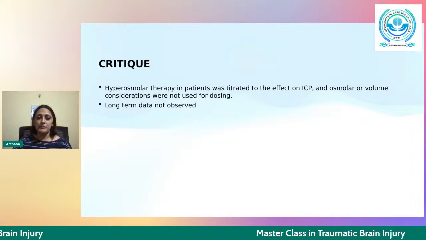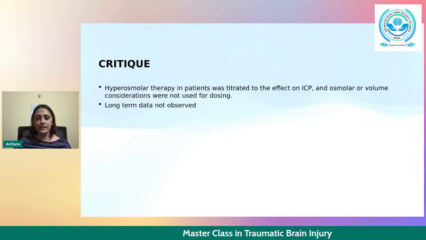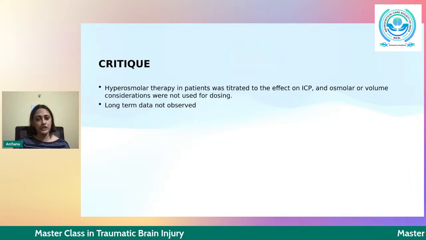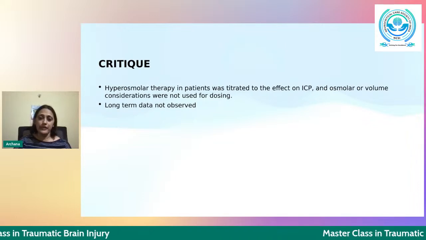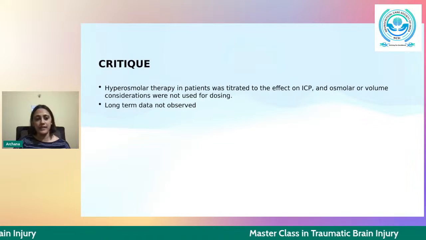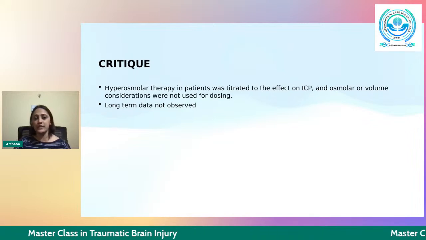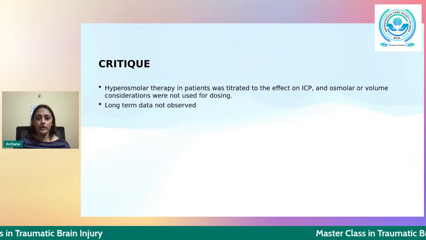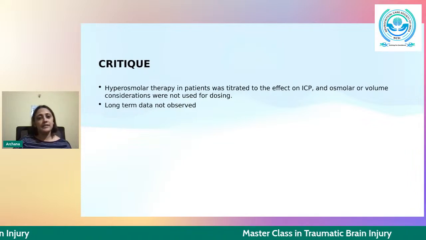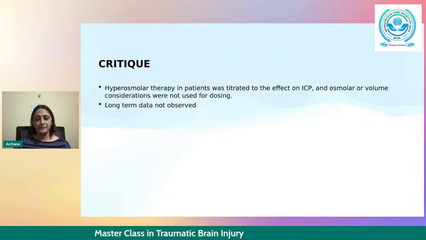So many people who had critical comments on this study said that the hyperosmolar therapy in patients was titrated to effect on the ICP to reduce it to less than 25 mmHg, but the osmolar or the volume considerations of the hypertonic saline and mannitol were not used for dosing, and the long term data was not observed in the study.